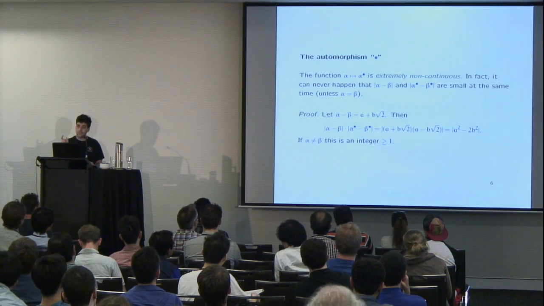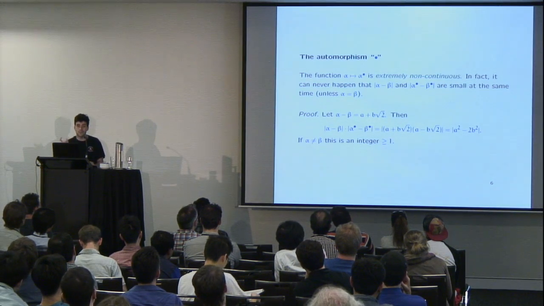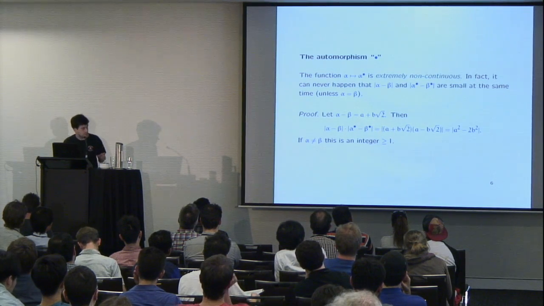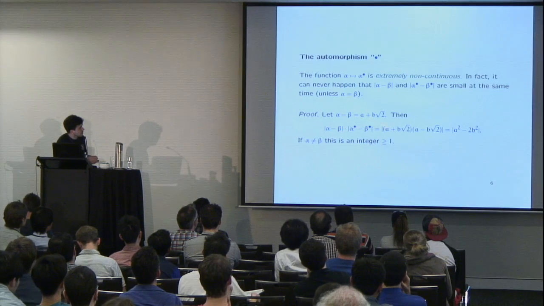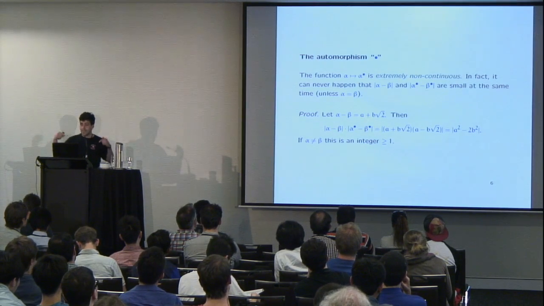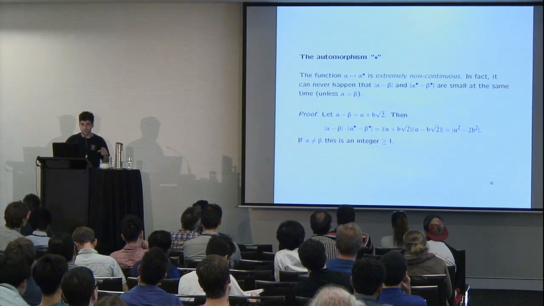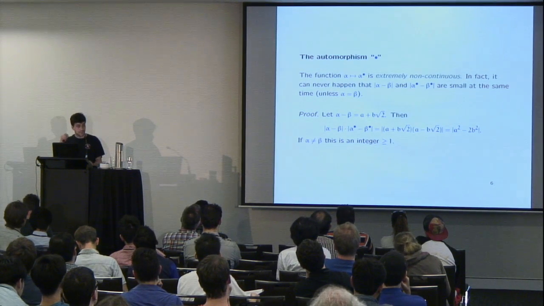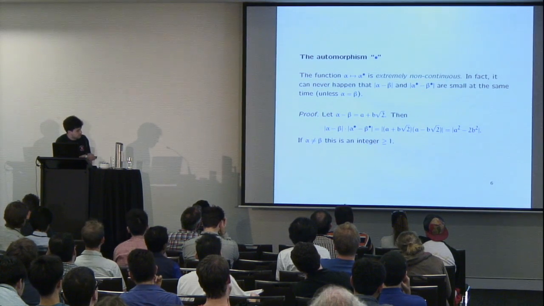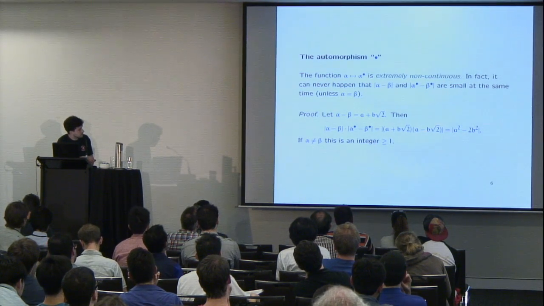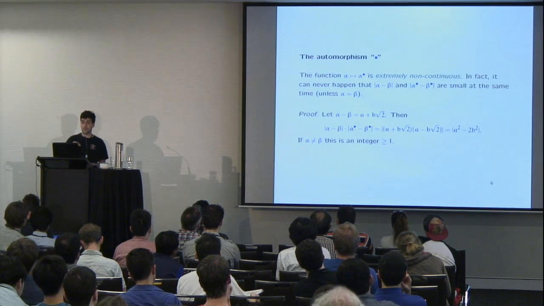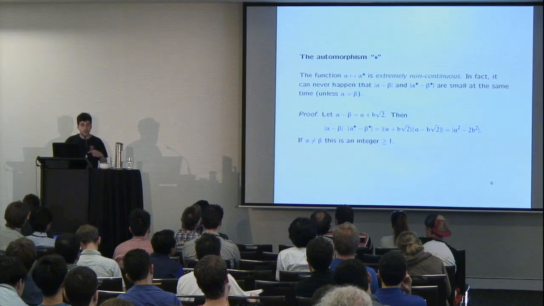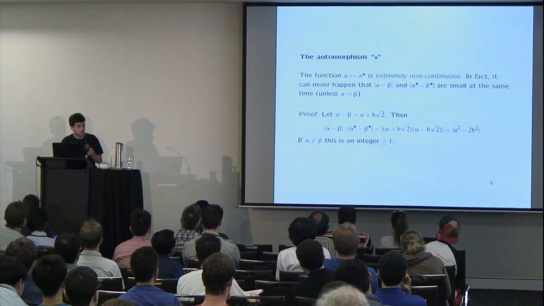If you take the product of the distance between alpha and beta and the distance between alpha bullet and beta bullet, then what you get is the absolute value of the norm of alpha minus beta. So if alpha and beta are distinct elements, then this quantity is going to be an integer greater or equal to 1. So this product is bounded below by 1, so it's impossible for both members of the product to be small at the same time.